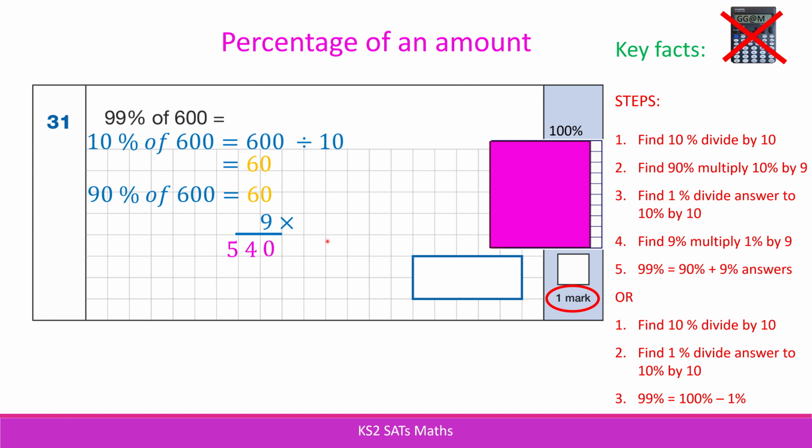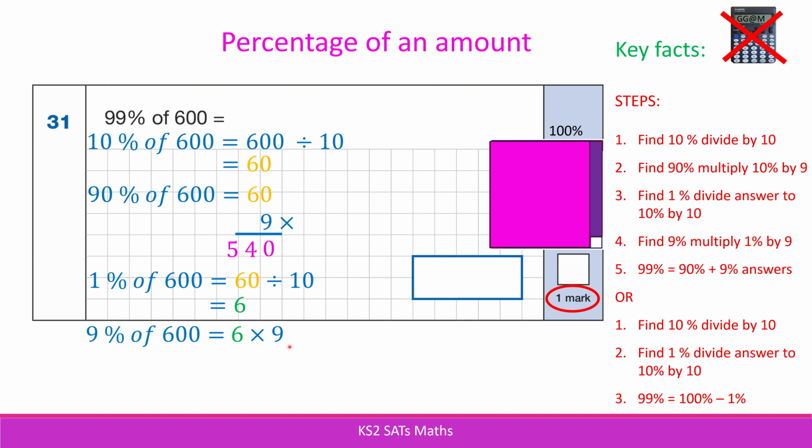Then I'm going to work out 1%. So 1% is one of these little squares. So I'm going to take the answer I got here for 10%, which is 60, and divide that by 10. Remember, when you divide by 10, all the digits move one place to the right. So that is 6. That is one little square up here is equivalent to 6. So the whole thing was 600. One square is 6. So 600 divided by 100 gives me 6. From here, I can now work out 9%.